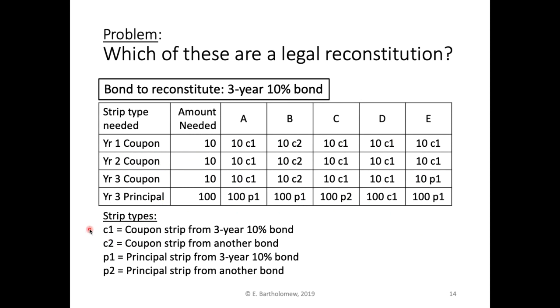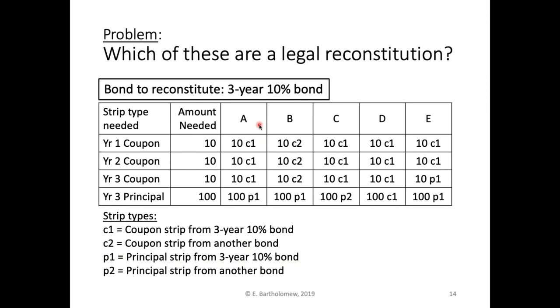So we assume we have coupon strips from the 3-year 10% bond. There are other coupon strips from other bonds, another bond, let's say, that aligned with the same dates, but they came from a different bond. And then we have principal strips from the bond we're looking at, as well as another bond, again, aligned on the same date. So what's important to note is these cannot be mixed and matched arbitrarily.